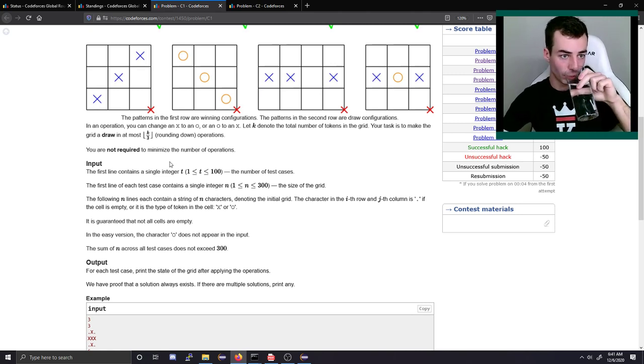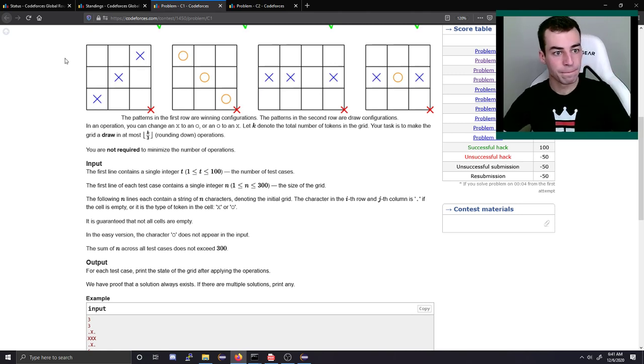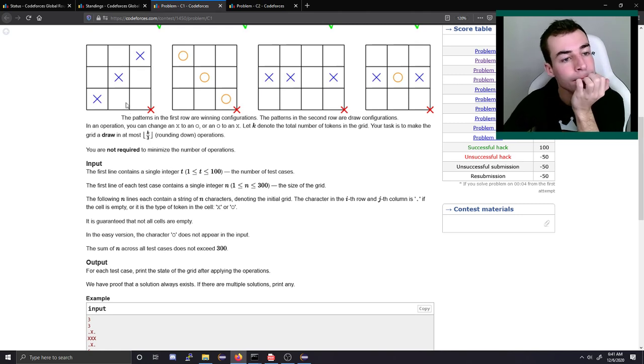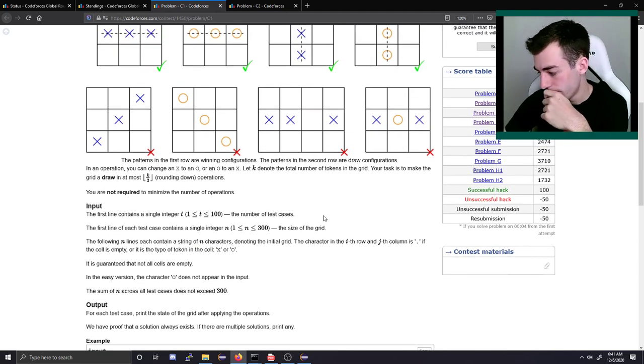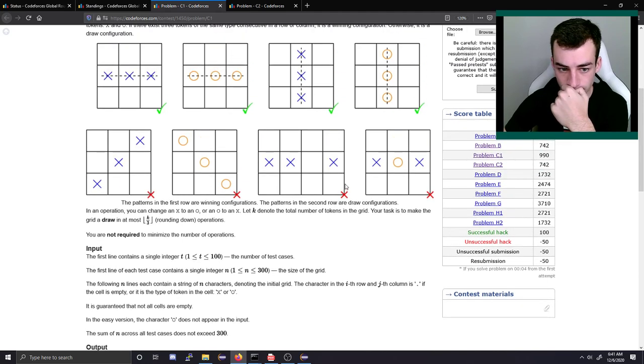Yeah, so if it's all X's, it's easy. What if it has both X's and O's?